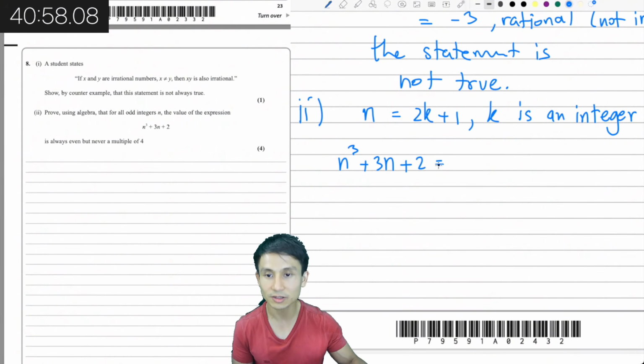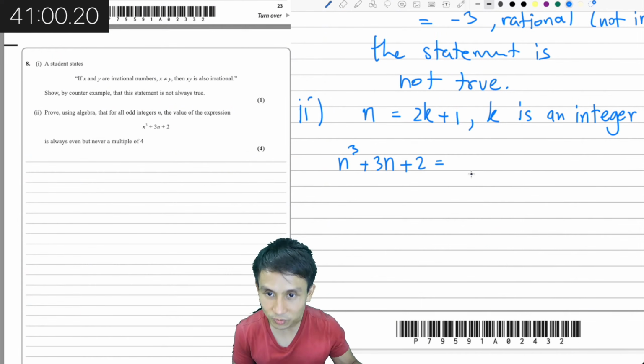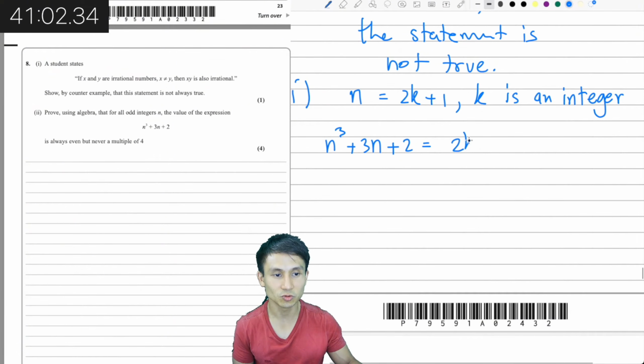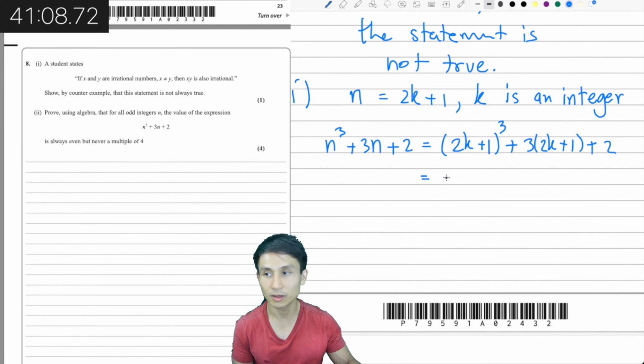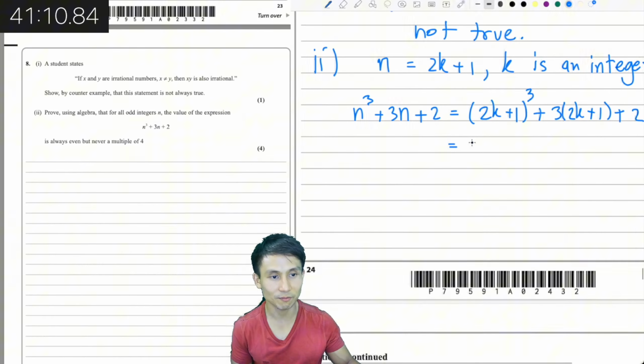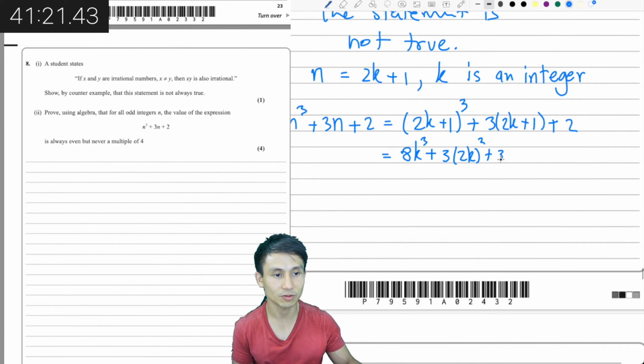N cubed. Okay, n cubed, yeah. So 2k plus 1 cubed plus 3, 2k plus 1 plus 2.